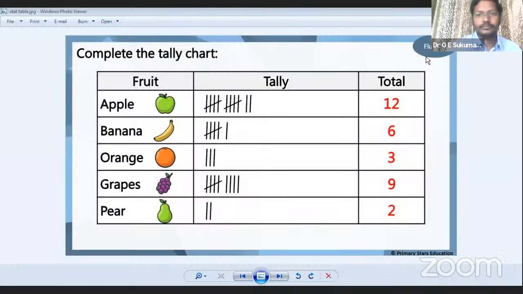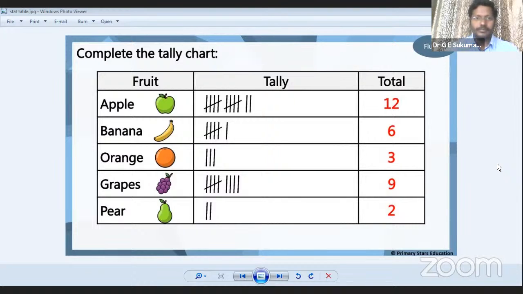I would like to show you how the frequency tables would be. If you observe this particular slide, it shows how you can statistically represent or present your scores.